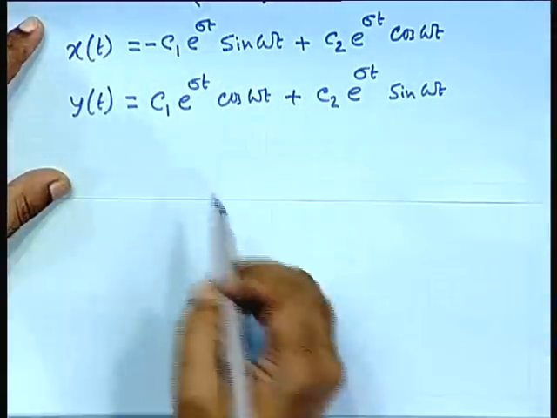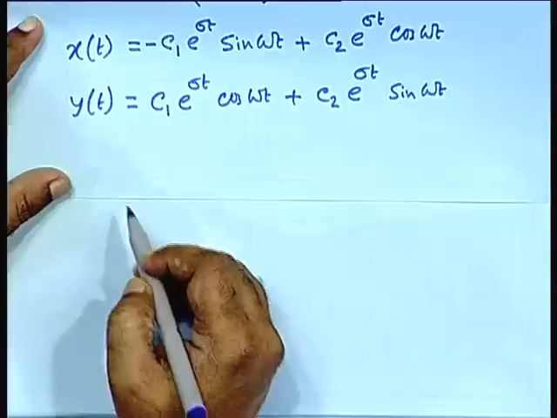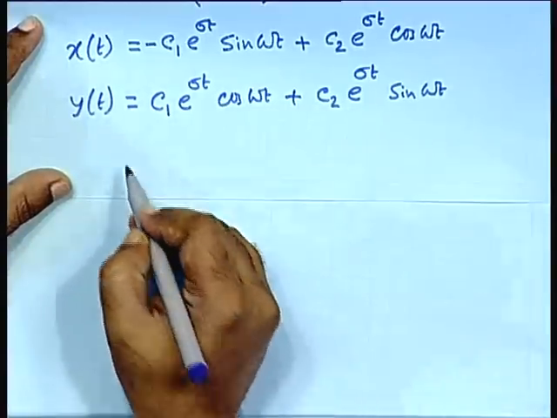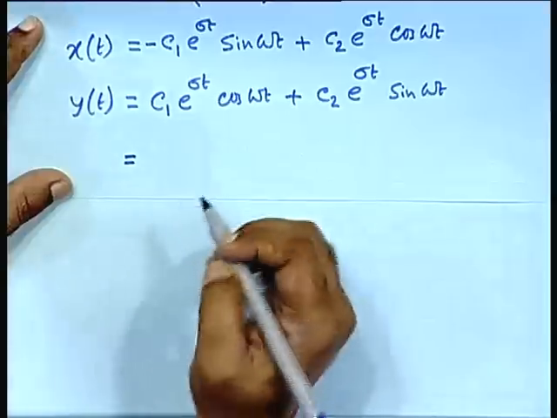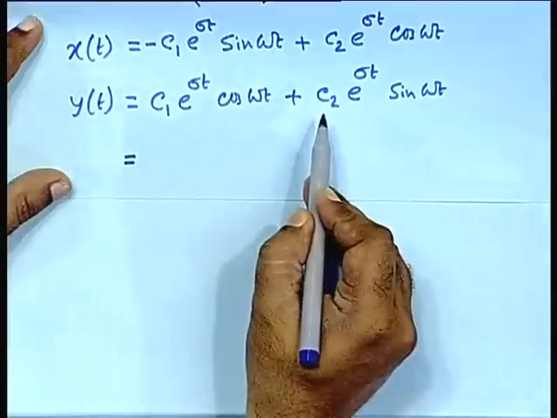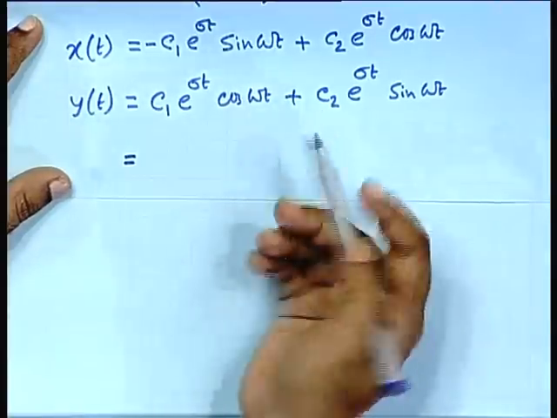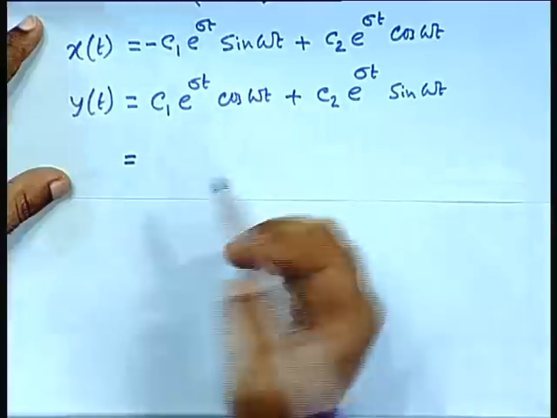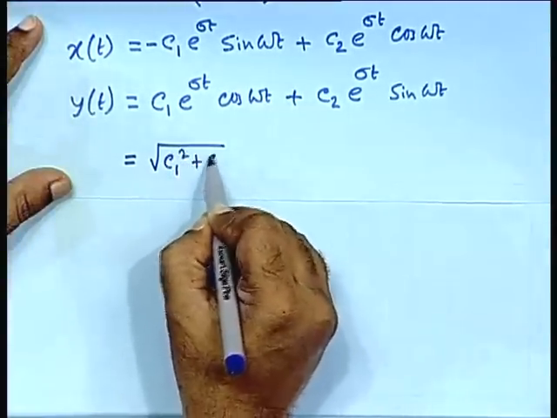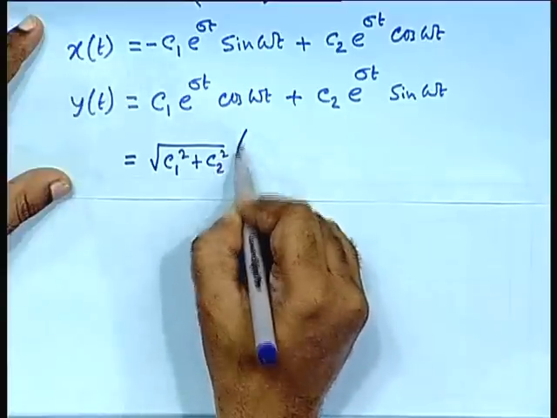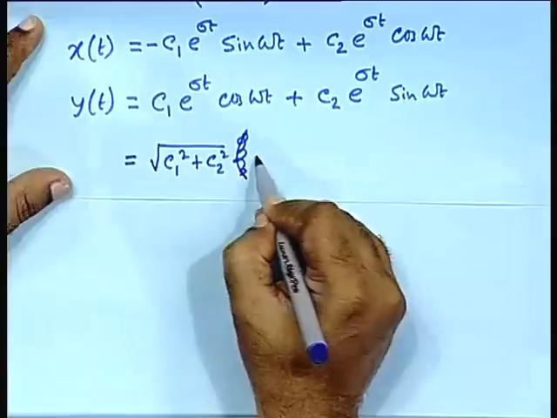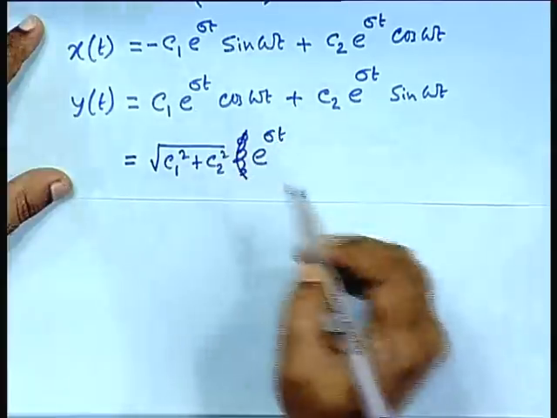So, say we start with this equation, y t is this. Then y t will be written as equal to C 1 plus C 2. So, if I multiply and divide by root over C 1 square plus C 2 square, then e to the power sigma t will remain, e to the power sigma t is common.